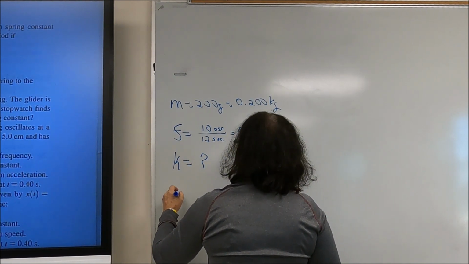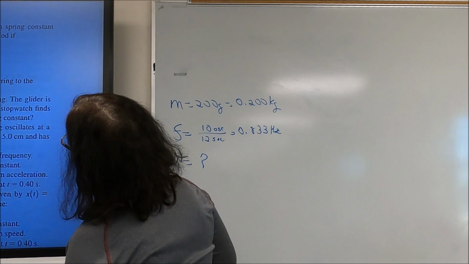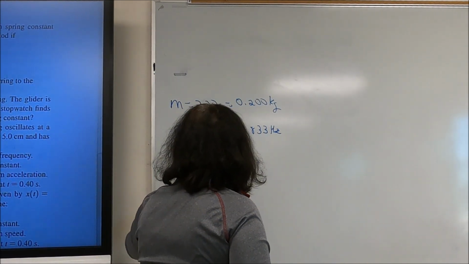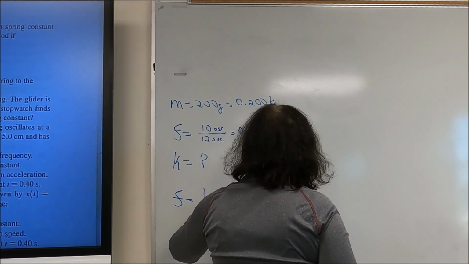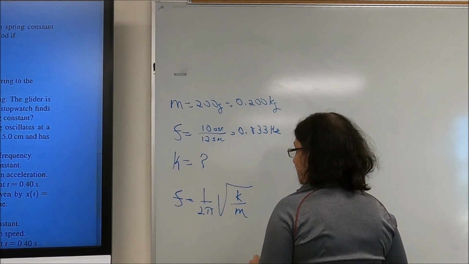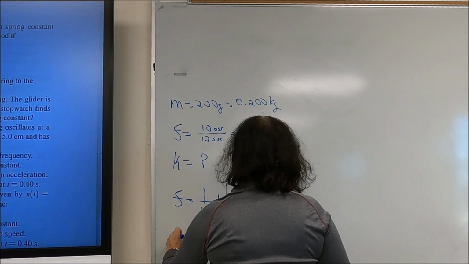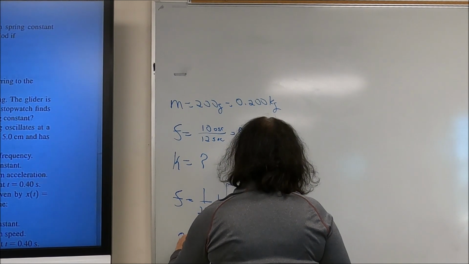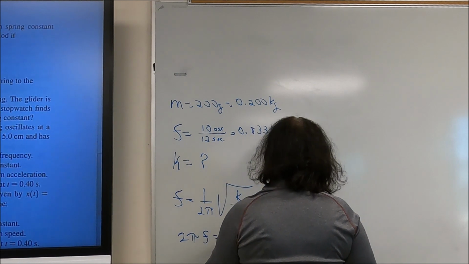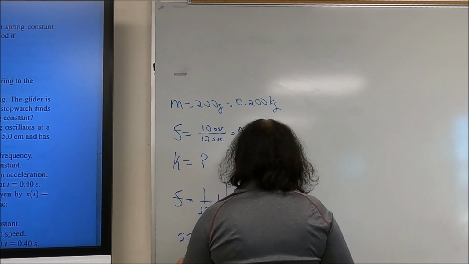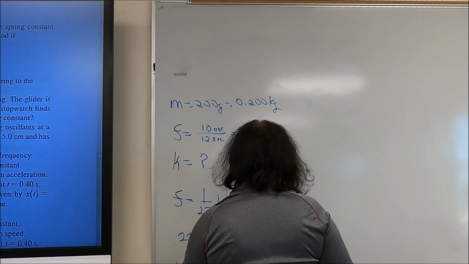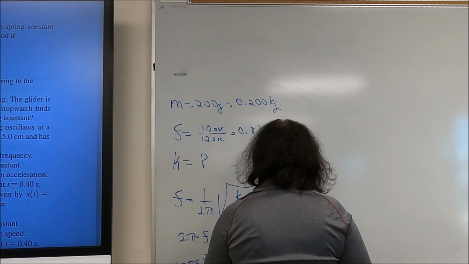Now, we know that frequency is equal to 1 over 2 pi times the square root of k over m. So if I'm solving for k, I get 2 pi times the frequency equals the square root of k over m. If I square both sides, I have 2 pi f quantity squared times m equals k.